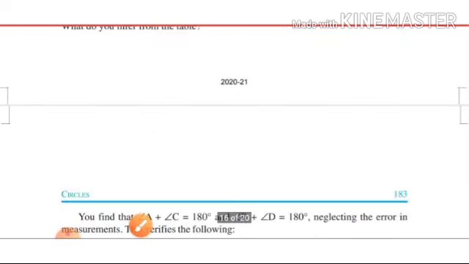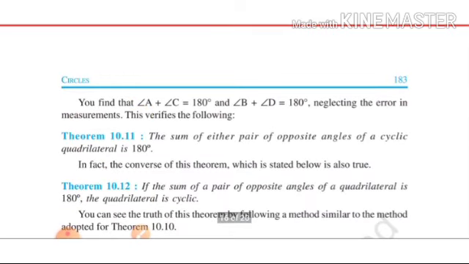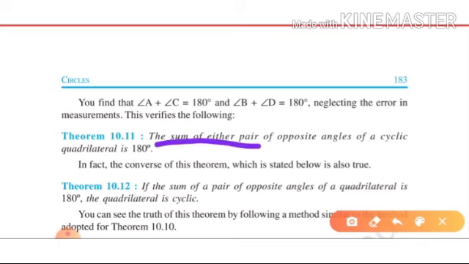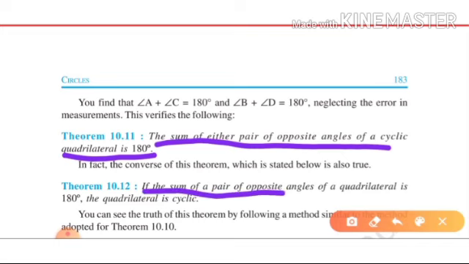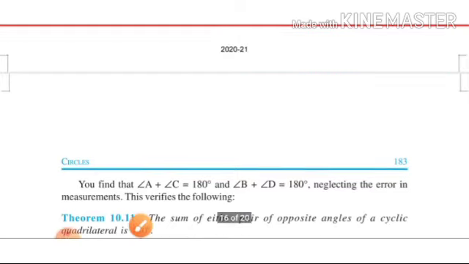You have to remember that in a cyclic quadrilateral, the opposite pair of angles is 180 degree, and the converse, if you can show that the opposite angles of a quadrilateral sum to 180, then the quadrilateral is cyclic.